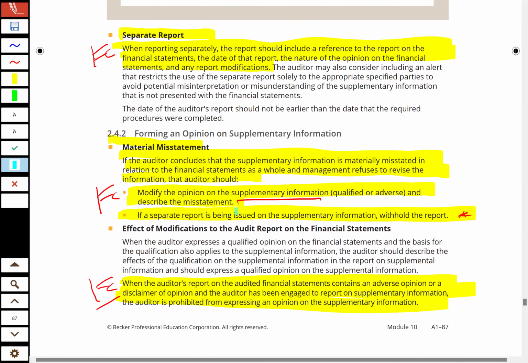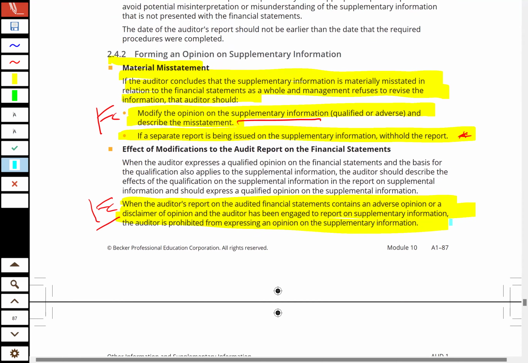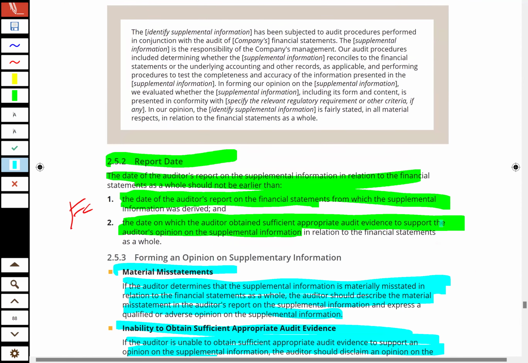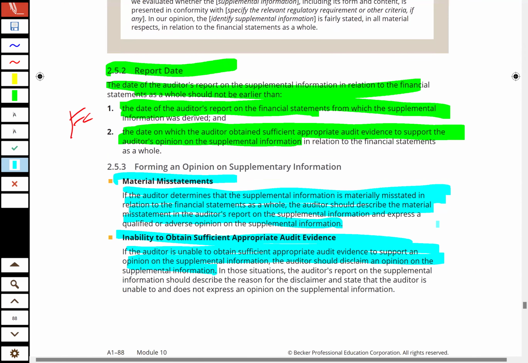And so I have the question into Becker. This is bothering me. This seems weird here, that if it's a separate report, you withhold the report. They're saying you do it for material misstatement, but if you had to qualify, they don't say withhold the report.